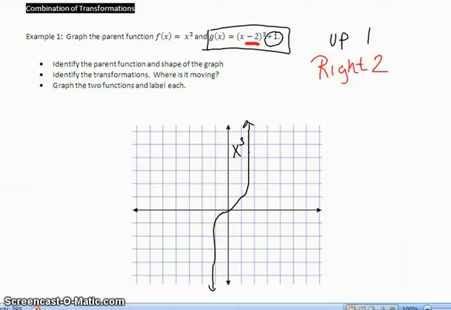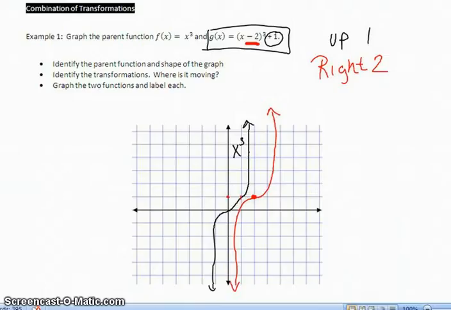So I look at my origin, I go up 1 for that plus 1 on the outside, and then to the right 1, 2, and this is my new origin. Then I just sketch in my graph. I basically bring my graph in, do my hitch, and then bring it down.